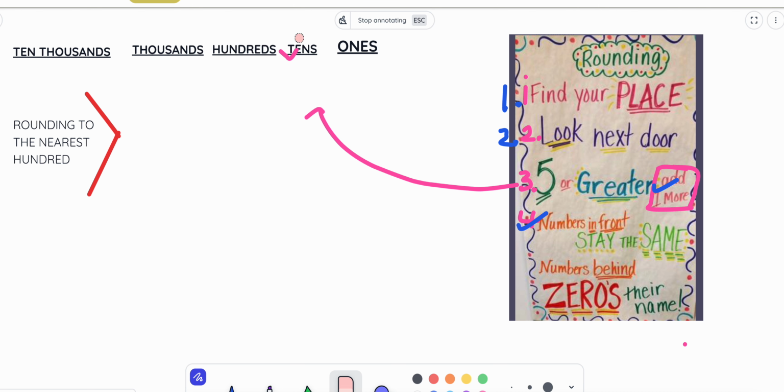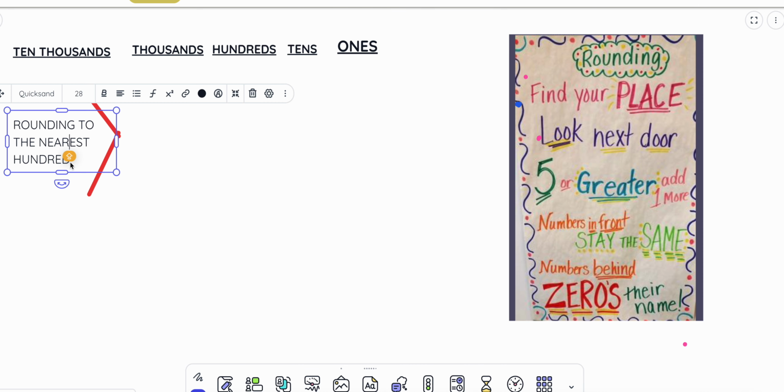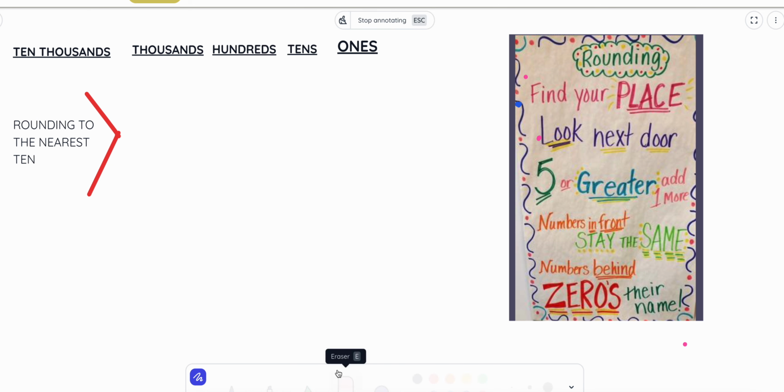Let's do another example. Okay? We'll do a smaller example. This time we're going to round to the nearest 10. So, here we go.